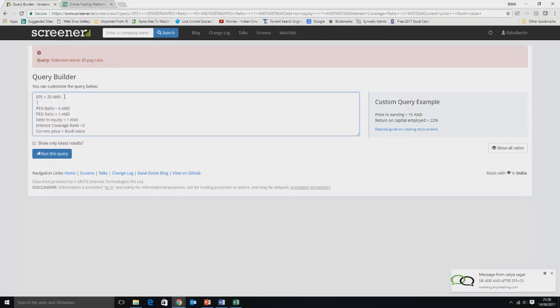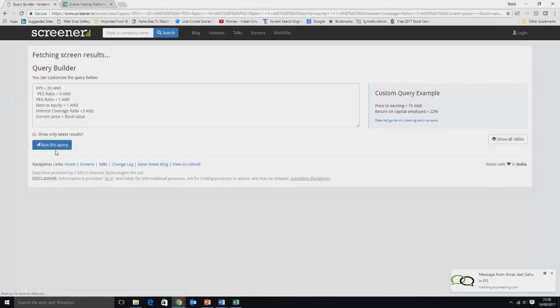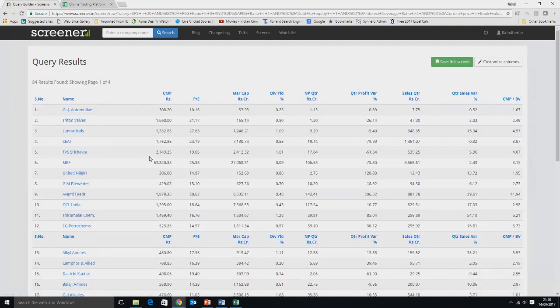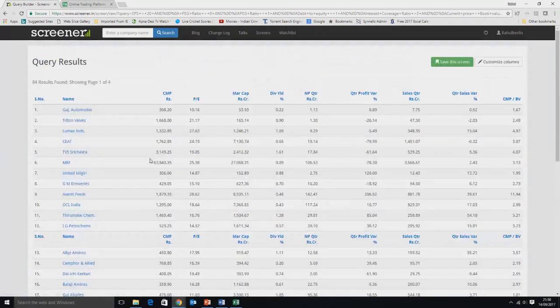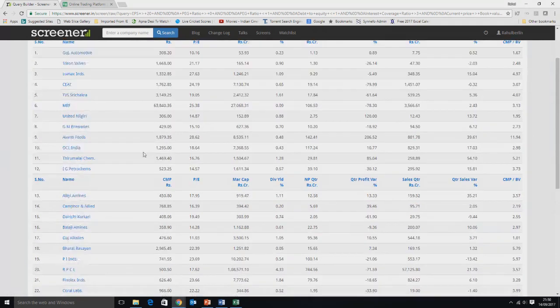Right. So these are the companies which we have got as per our criteria, as per our query. So let's see and analyze them.